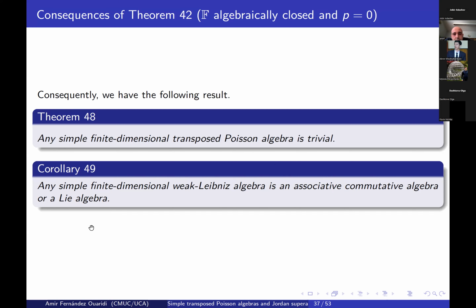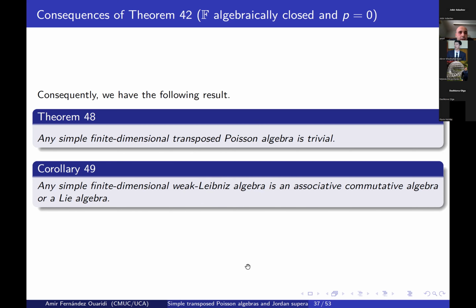And this is because the simplicity is preserved by the process of polarization and depolarization. So since every simple finite-dimensional transposed Poisson algebra is trivial, it follows that any weak-length algebra must be either an associative commutative algebra or a Lie algebra.